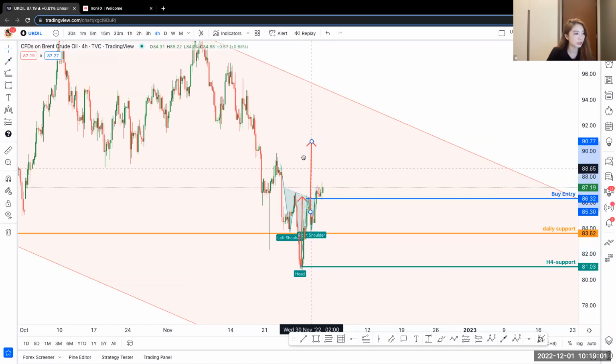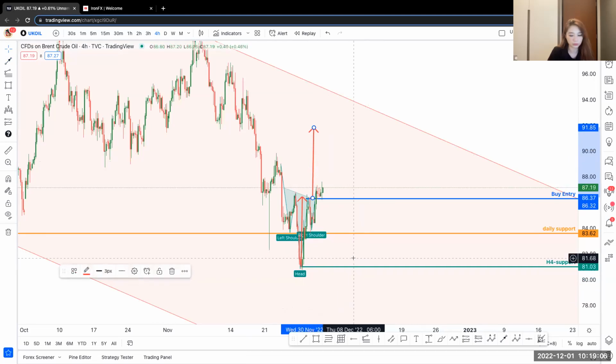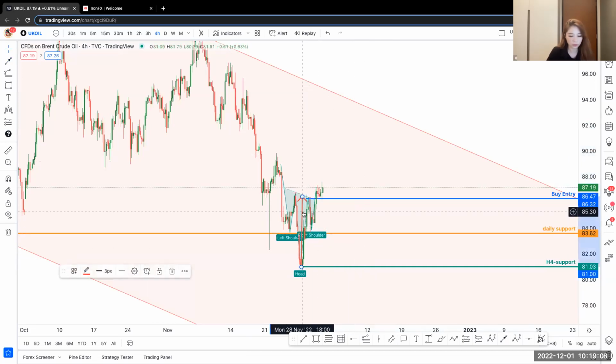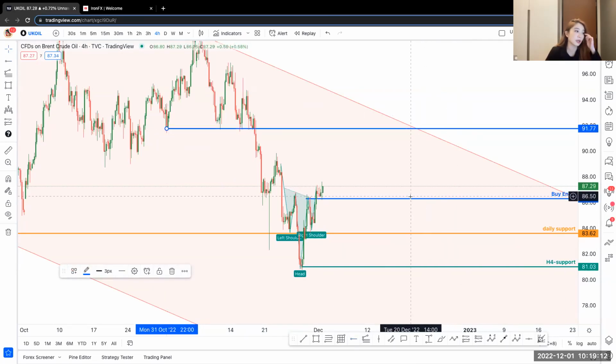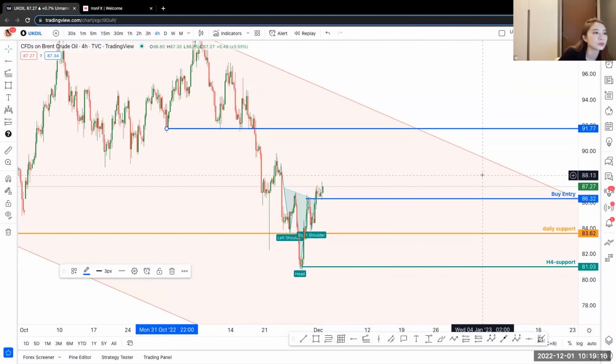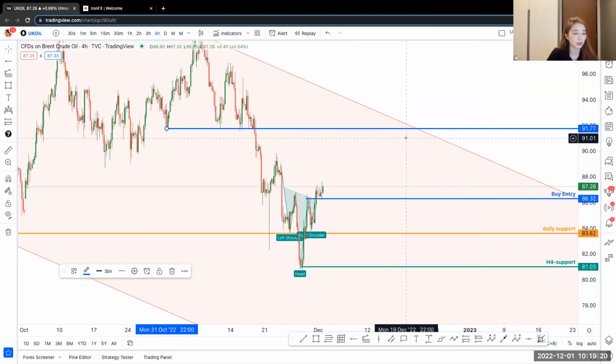Normally, we measure the head and shoulders projection for the next movement till roughly about where. So I'm looking at a possible close off at this support turned resistance price, also in line with our downward moving channel resistance. All right.